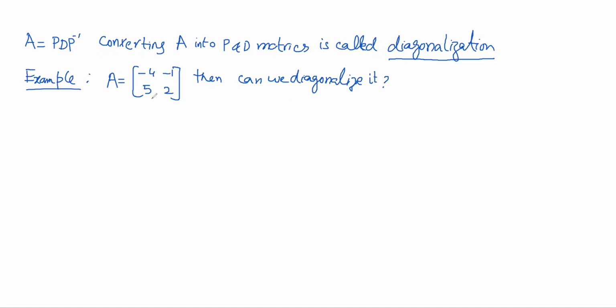For this, we need to find the eigenvalues and eigenvectors, because as I have told you, in this case P is a matrix consisting of the eigenvectors and D is a diagonal matrix consisting of the eigenvalues. So if we want to diagonalize it, we need to find the eigenvalues and eigenvectors.